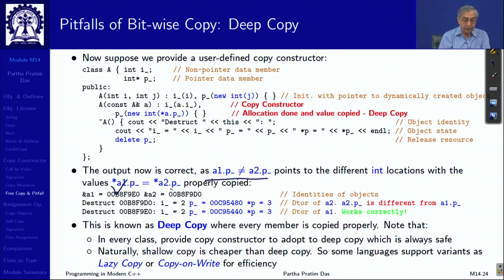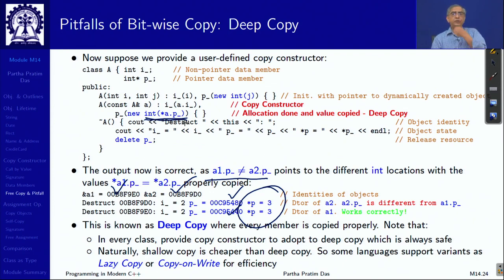So, in the 2 different objects, the 2 pointers have different values, and therefore, when a2 is destroyed and that pointer is released, the pointer in a1 does not get affected, and both of them have the same value, because that is how you have created. So, this is what is deep copy.